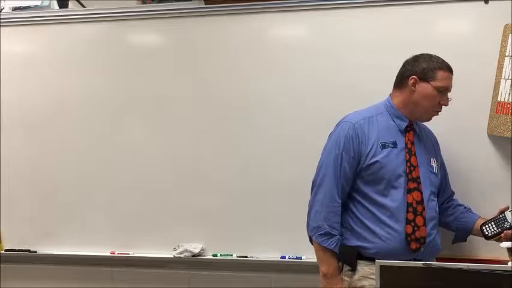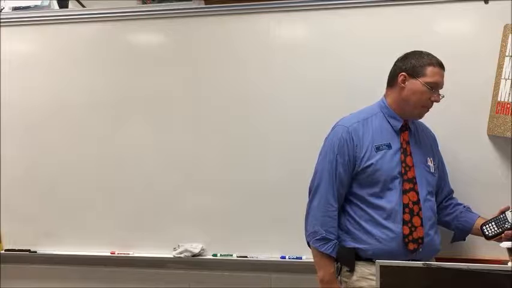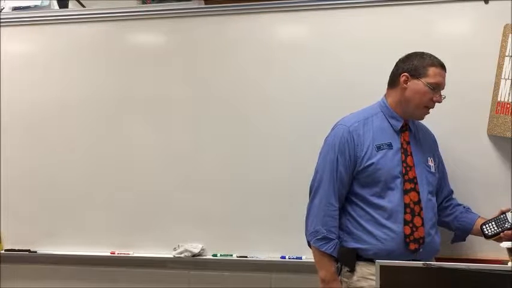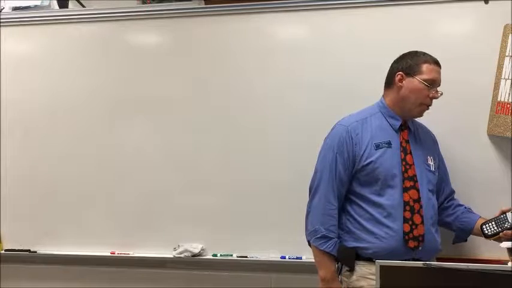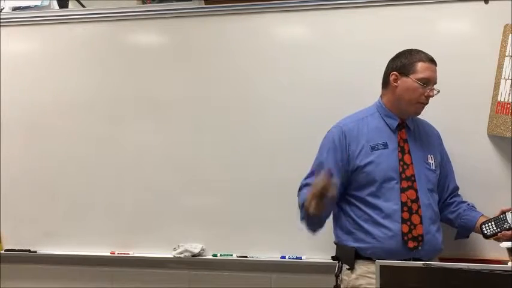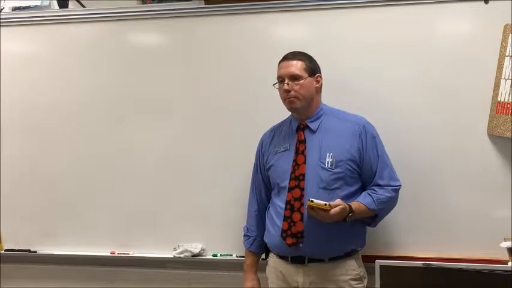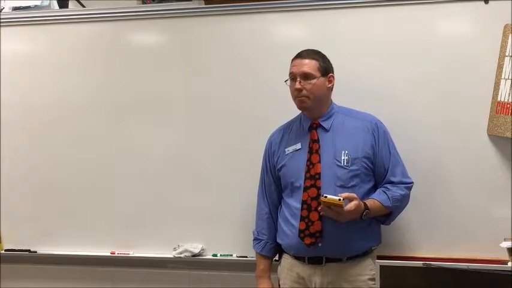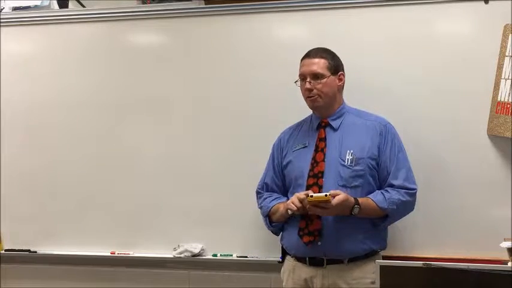A home uses fuel oil at the rate of R of t, and that's a crazy function, gallons per day, where t is the number of days from the beginning of the heating season. To the nearest gallon, what is the total amount of fuel used from time 0 to time 60? Okay, so you're gonna integrate from 0 to 60. How do I do that in the calculator?